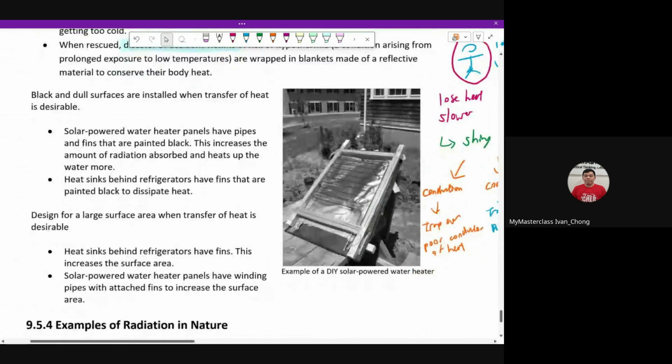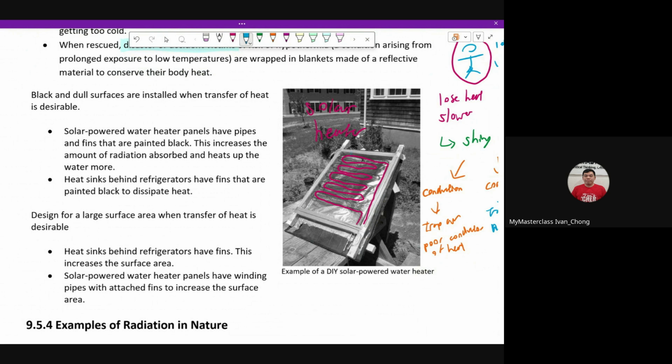Okay? On the other hand, this is a heater, a solar heater. How it works is all of these pipes are black. So black pipes are all good absorbers of radiation. What happens is they'll absorb heat from the sun, and they'll heat up the water that's flowing through these pipes.